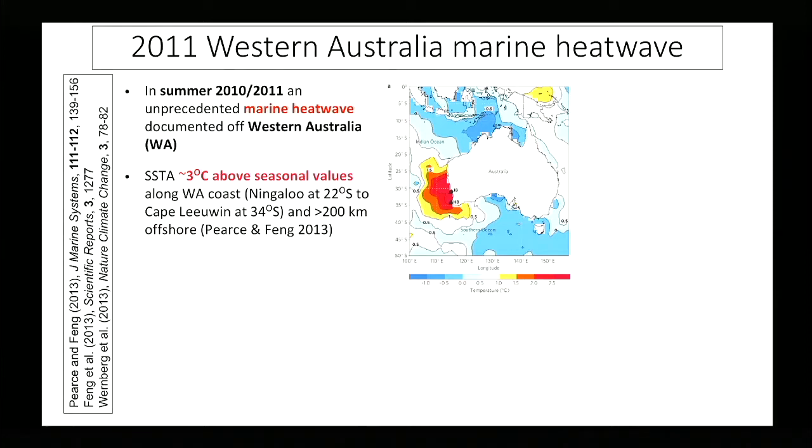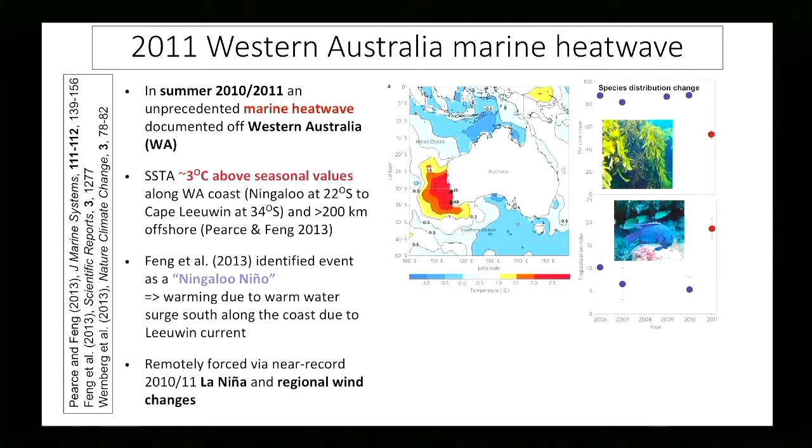The 2011 WA marine heat wave was another one that was about 3 degrees above seasonal values. It extended from Ningaloo at 22 degrees or so south to Cape Leeuwin down here. Quite a broad extent offshore, and it's more recently called the Ningaloo Nino.